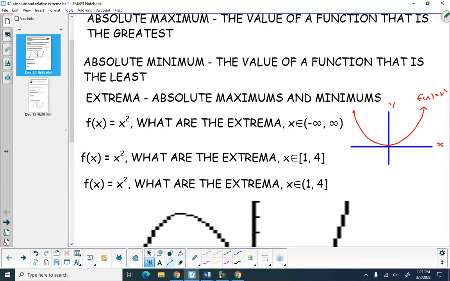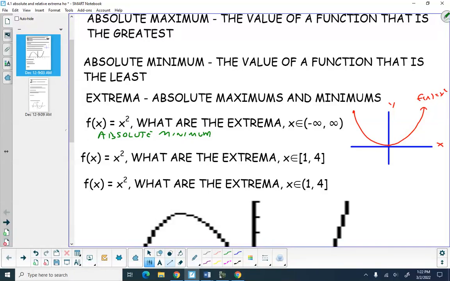If we look at the absolute minimum, well, the absolute minimum is the smallest value that the function could obtain by putting in values of x.